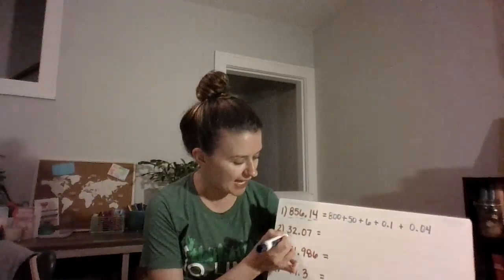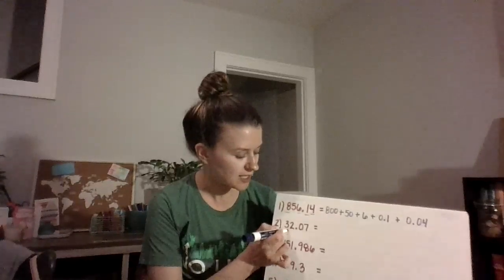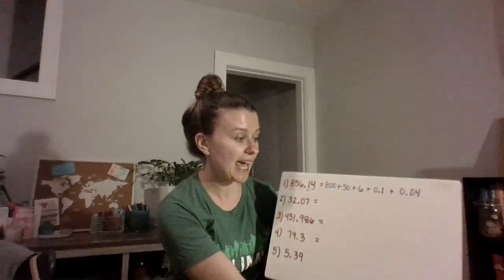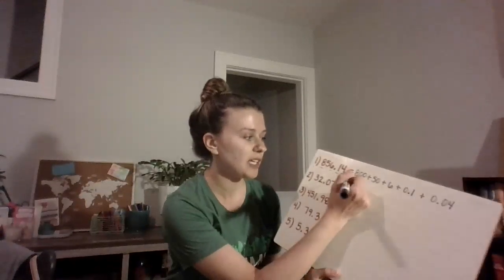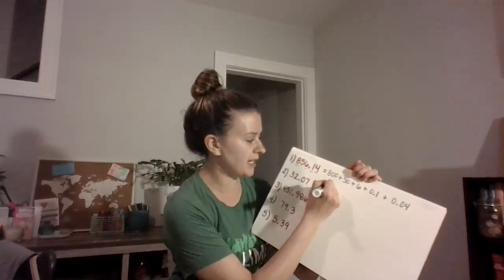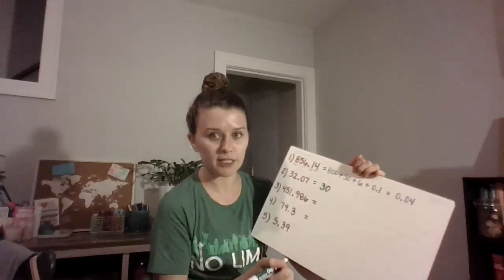And in my tens place I have a 3. So that means I have 3 tens, and 3 tens is equal to 30. I feel like my pen's not showing up very well, so I'm going to switch to a different color. All right, so I said we have 3 tens, so that means that we have 30.